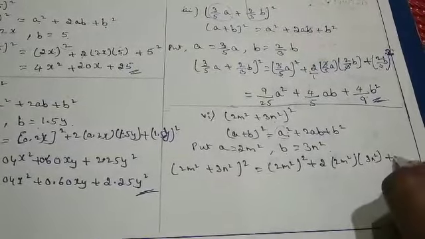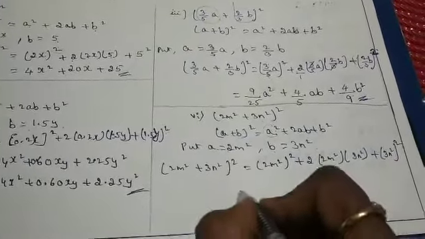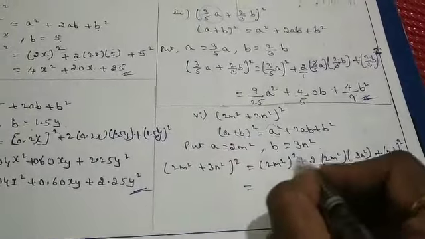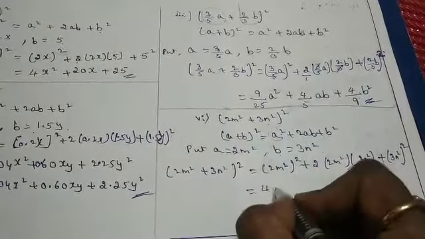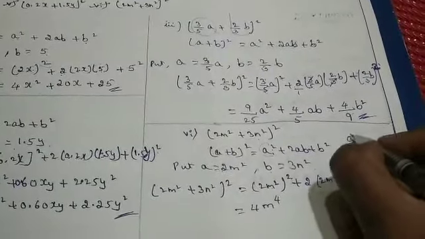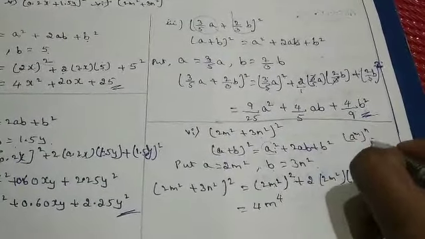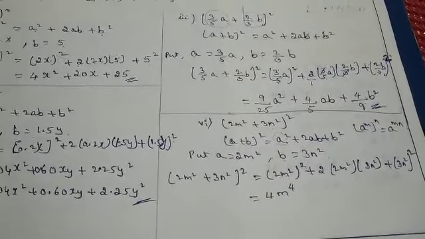B square is nothing but 3n square, its square. Now square of 2 is 4, and m square whole square is nothing but m to the power of 4. We know that a power m to the power of n is nothing but a power mn. We learnt in the exponents and radicals.